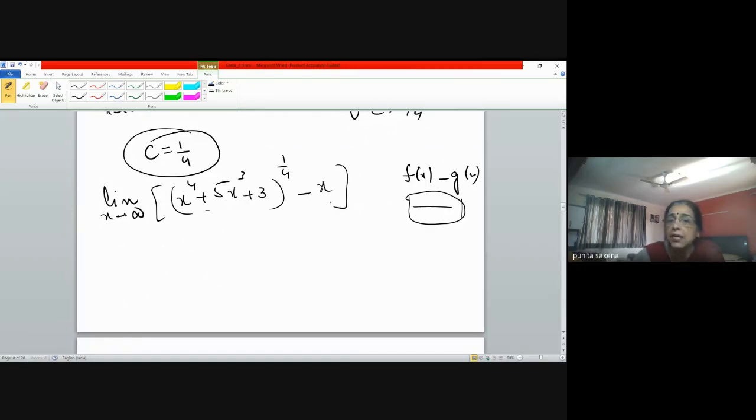But इस केस में ऐसा नहीं है. So to bring in the fractions, again we can put u equal to 1/x. So फिर बात वही रहेगी that as x approaches infinity, your u is going to approach 0.